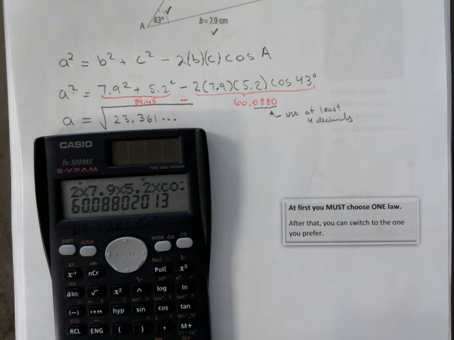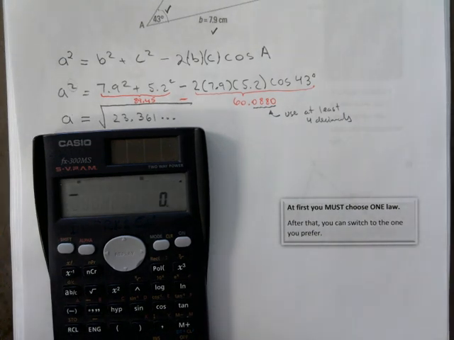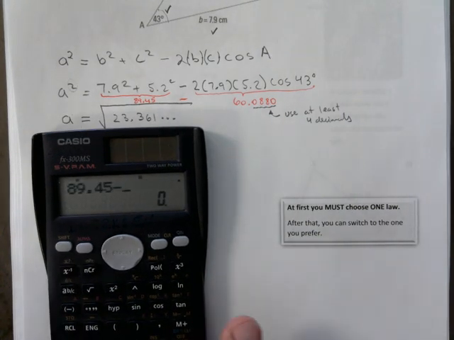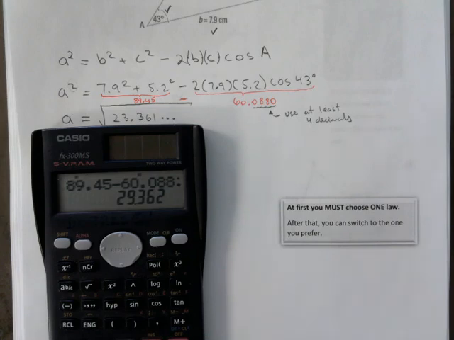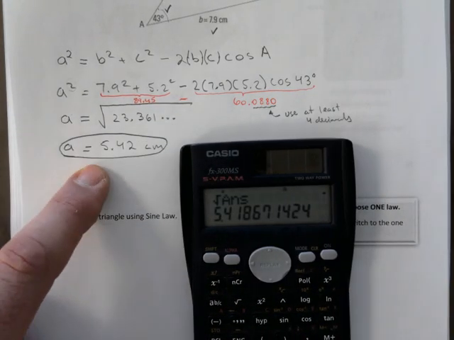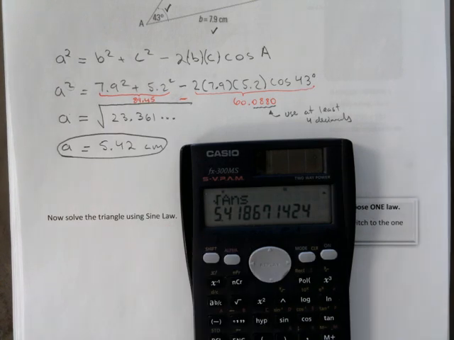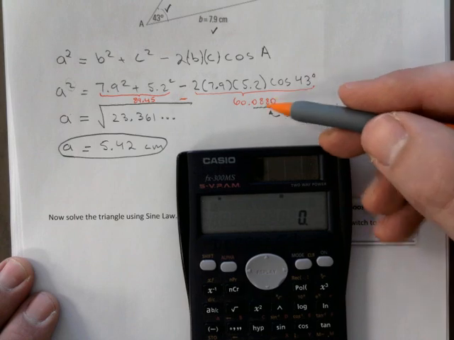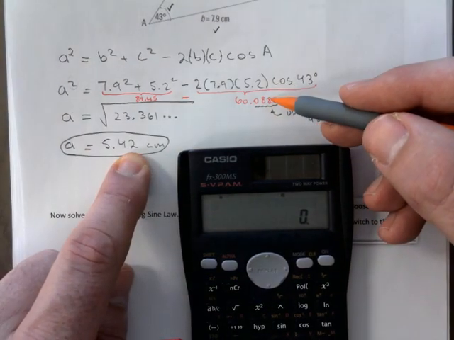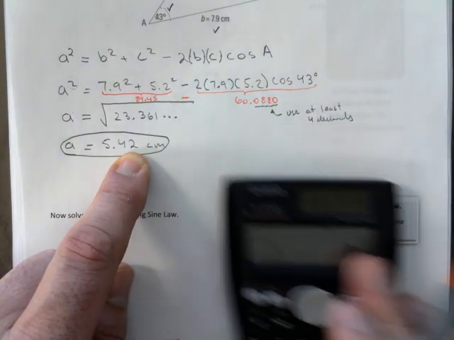Okay, so then I go 89.45 minus 60.0880. There you go, and then you root that. You still get 5.42 rounded. So don't use 2 decimals here because then you're going to get a rounding error.